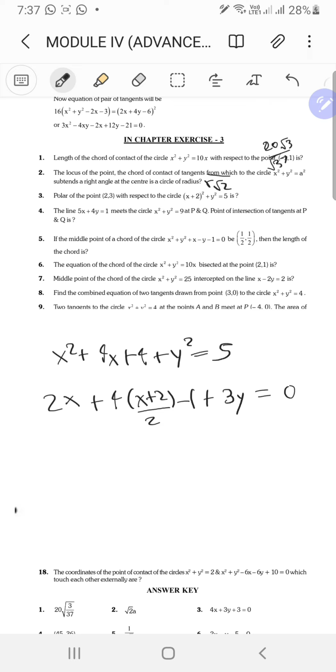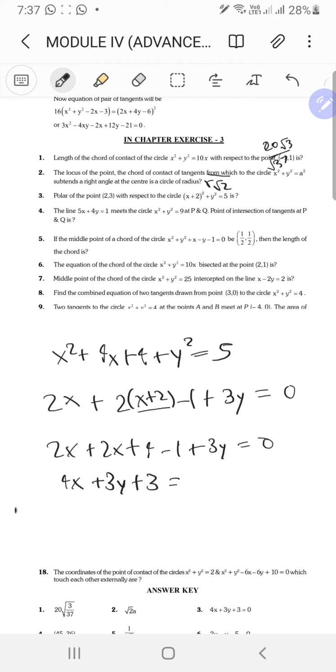This line should be the polar, I hope so. What am I doing? You've got 2 over there, right? 2x plus 2x plus 4 minus 1 plus 3y equal to 0. So 4x plus 3y plus 3 equal to 0. Let's just hope that that's actually the equation.